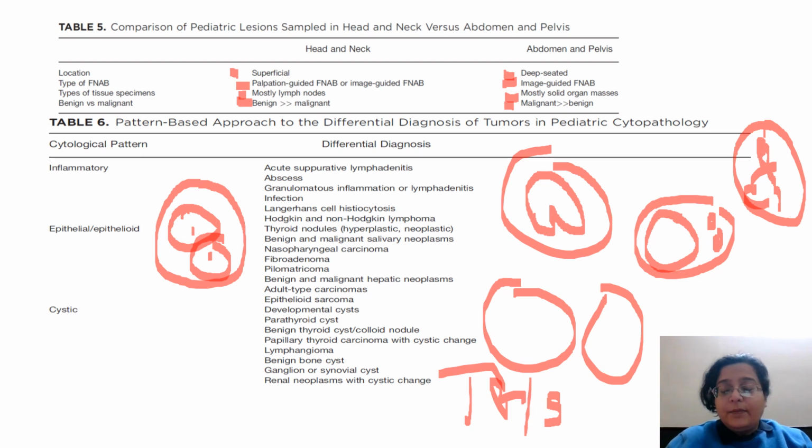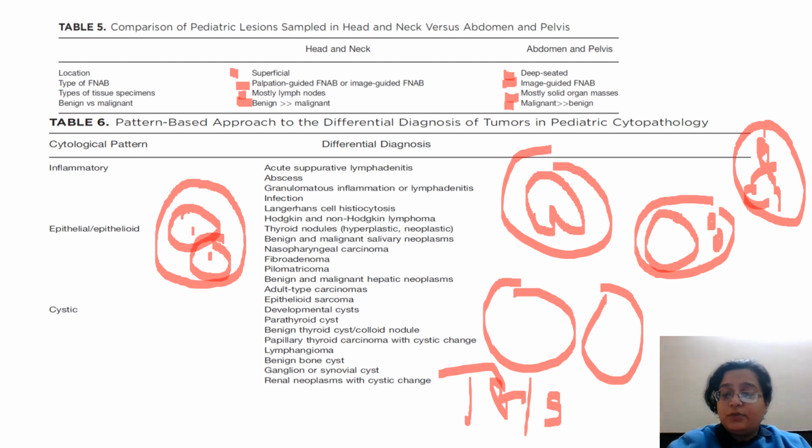So hyperplastic thyroid nodules, when there's too much hyperplasia, when the cells are actively making thyroglobulin and thyroxine, when you do an FNAC, you might get those benign follicular epithelial cells that are round with that pale cytoplasm in clusters, which differentiates it from a lymphocyte, because lymphocytes never come in clusters. As well as you might get epithelioid looking cells in the background.